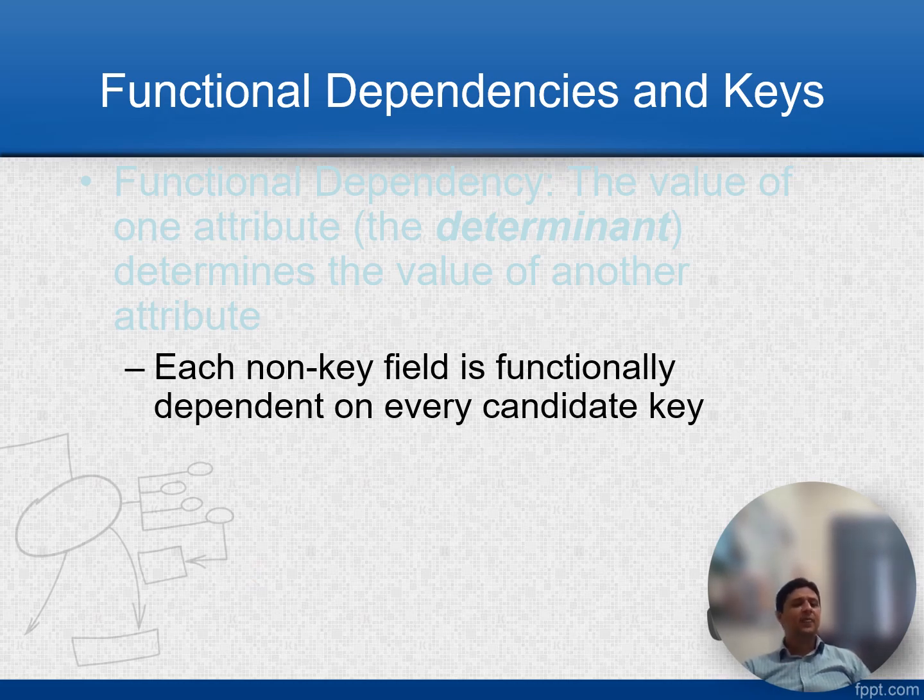Functional dependency basically is the dependency of any non-key or non-identifier attribute on the identifier attribute. We said that all of the identifiers have the ability to determine the value of any non-identifier attribute.